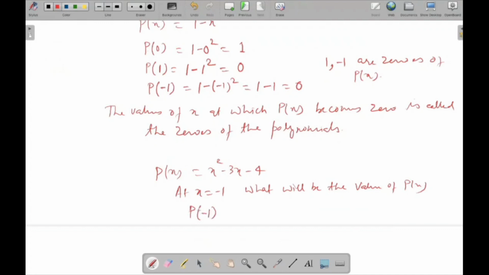So here I'm evaluating the polynomial's value at x equals minus 1, which is p(minus 1), and here it will be minus 1 square minus 3 into minus 1 minus 4, and this will become 1 plus 3 minus 4, which will become 4 minus 4, which will become 0.